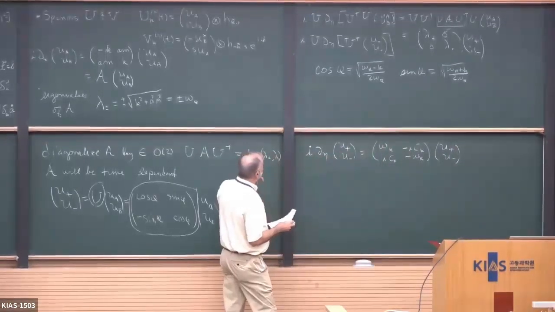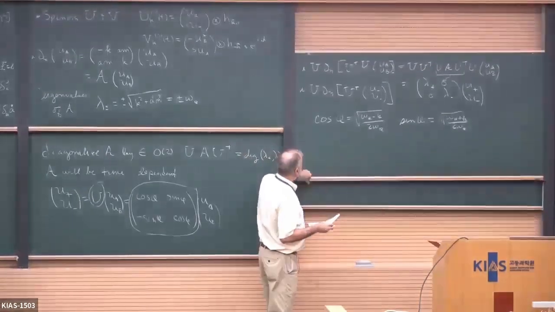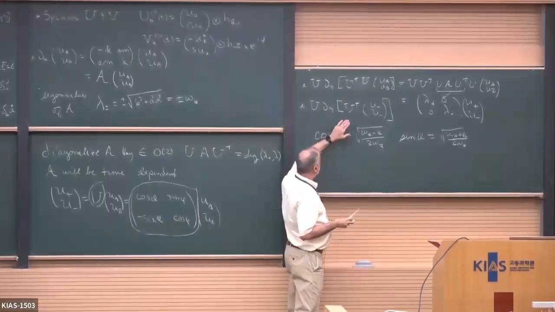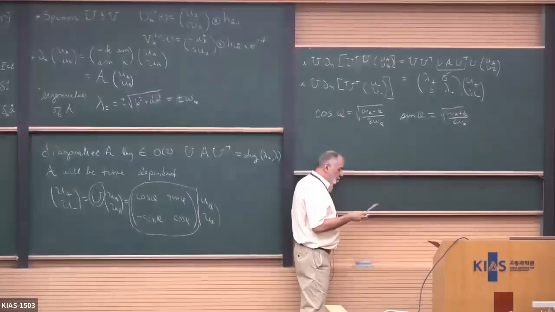And C sub k is going to involve the derivative of U transpose times U times the derivative of U transpose.